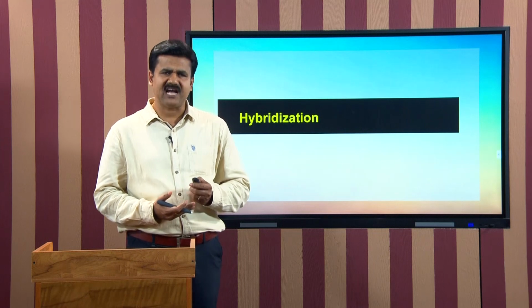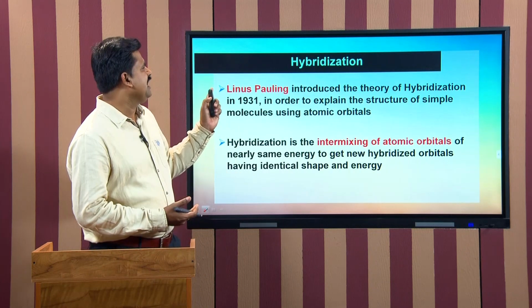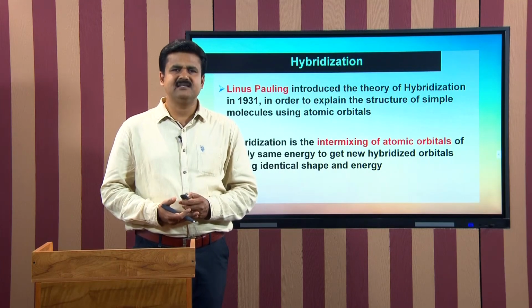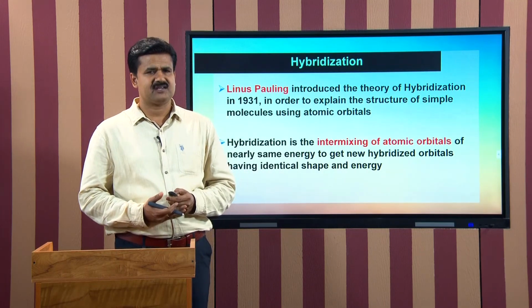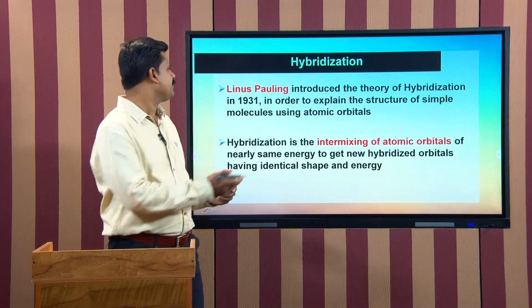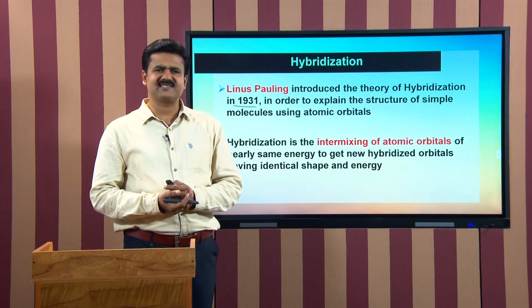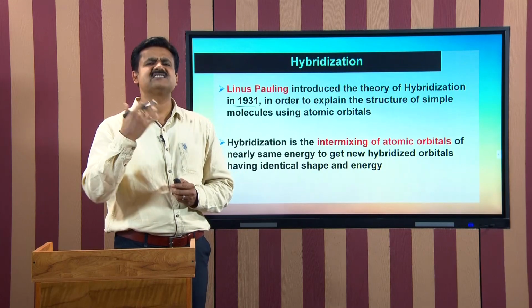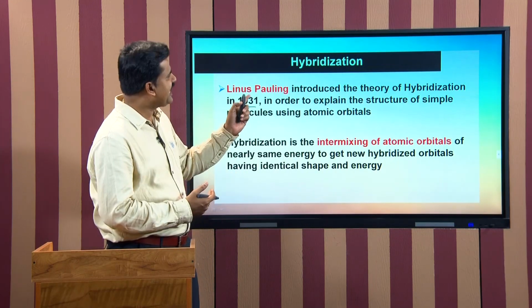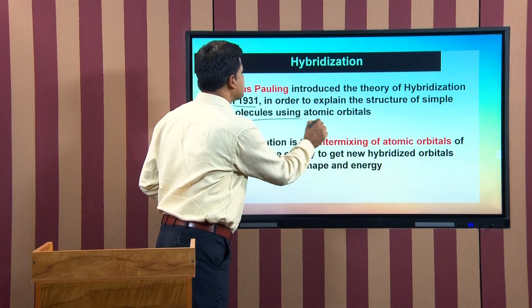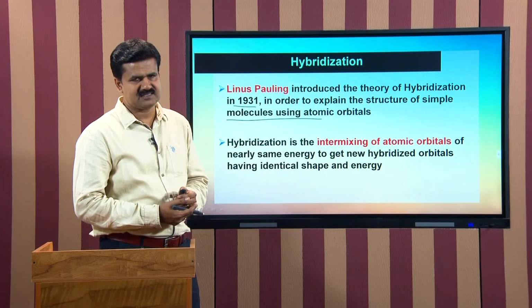First of all, hybridization. Linus Pauling was the scientist who introduced the theory of hybridization, and it was in the year 1931. Linus Pauling introduced this concept of hybridization to explain the structure of simple molecules using atomic orbitals.